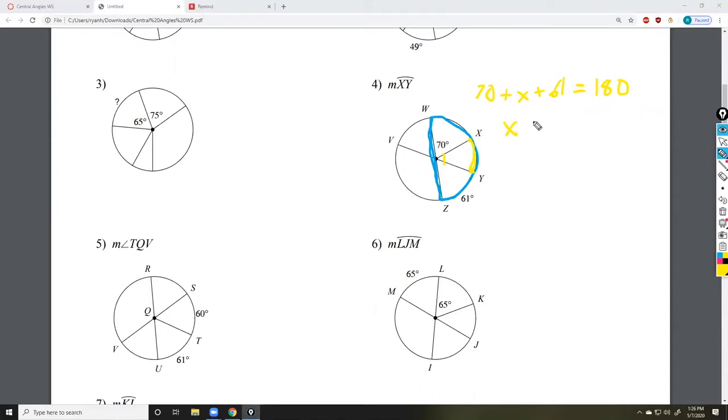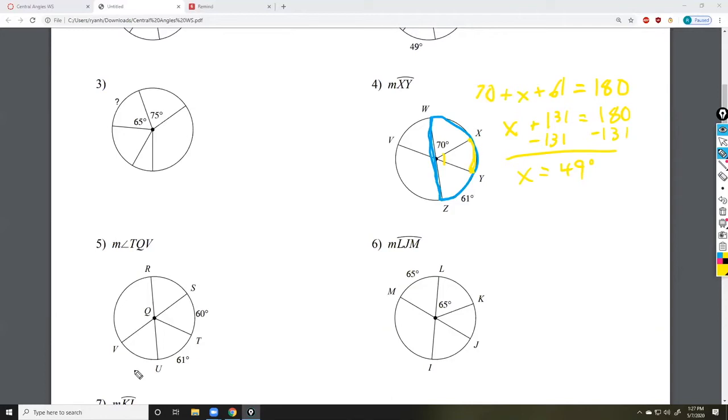I'm not going to solve all of these. Mostly going to focus on getting you set up. But we'd combine these together. We would subtract. And then we get 49. So 49 degrees is your answer.